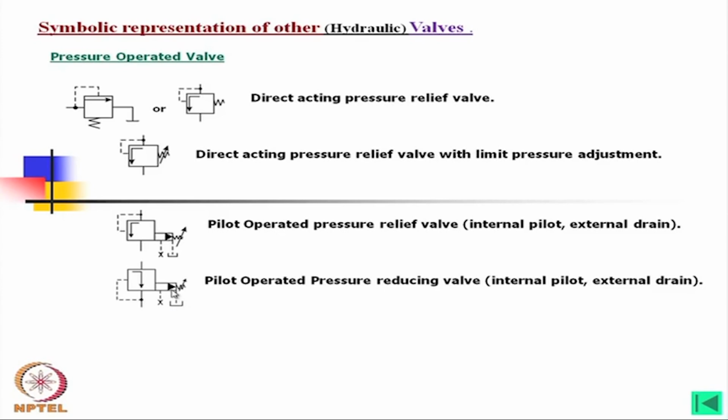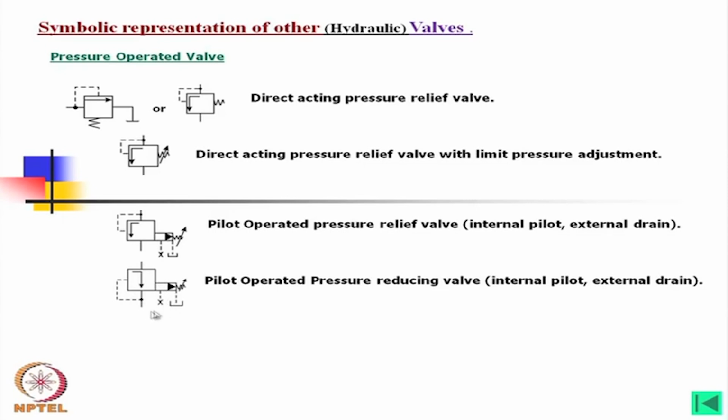Now, apart from that, this is again hydraulically operated and this drain is external, but here we have put some X on this line. These are not X, actually this is the closed port, but if this is opened, then we can also generate an external signal to operate this one.